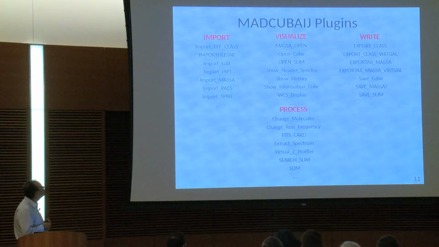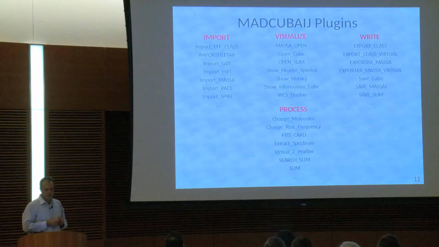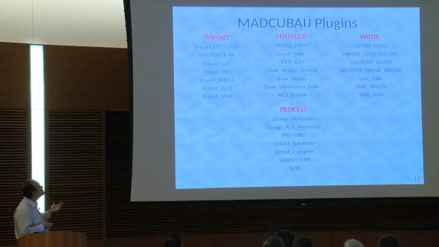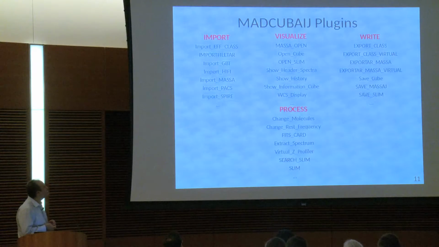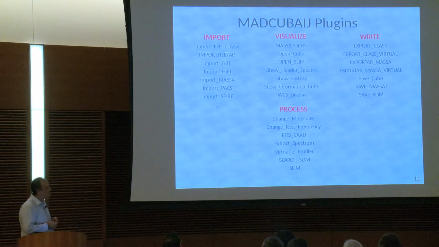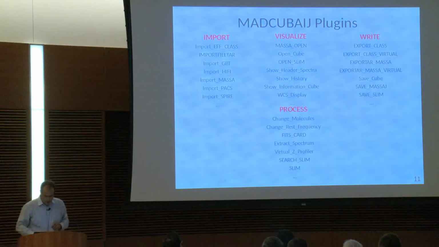Each telescope interprets the FITS file format in its own way, so we have to convert this FITS format to another FITS file that we can understand in MatCuba. We have other plugins to write, to process, to extract spectra, and so on.